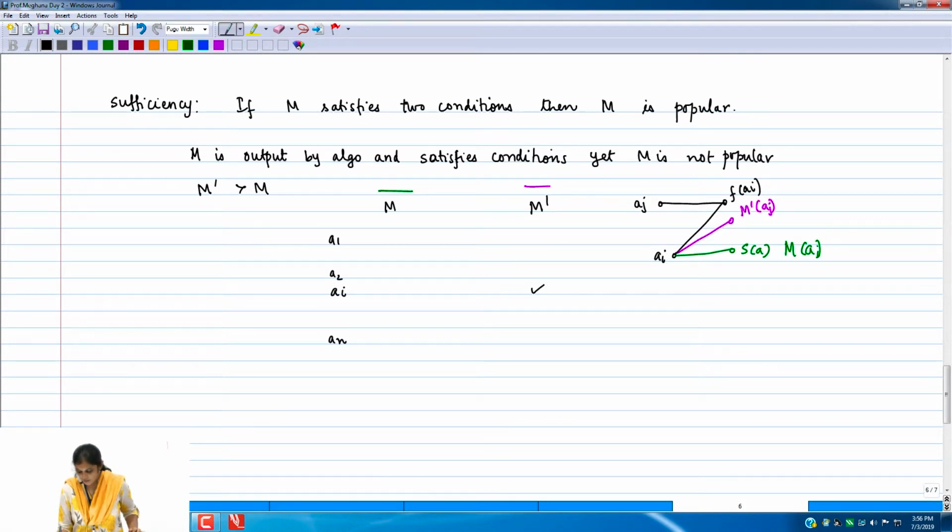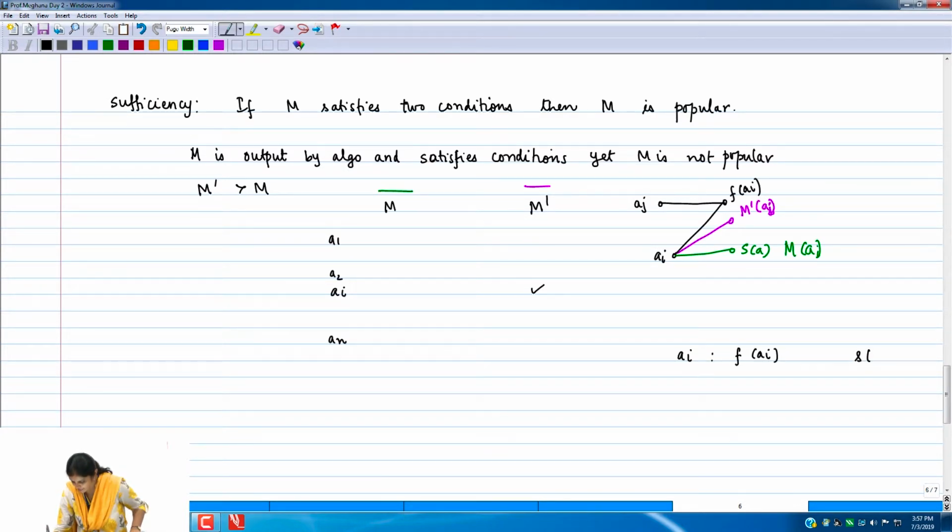Yeah, but what can we say about, so let's look at the preference list of AI, right? So AI has its own preference list. There is something which is, it could be F of AI, right? So why did I write AJ here? It's AI, right? M prime of AI, and this is also AI. So AI has a preference list and it has F of AI. We don't know what is M prime.